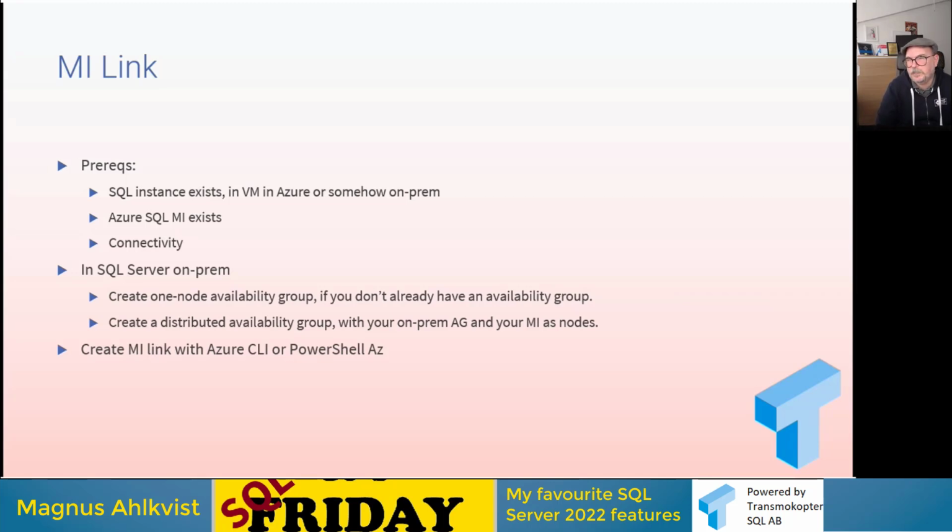I mean, for me at least, databases are the most important asset to keep safe. So if your data center blows up, chances are your backups are gone as well. If you then have all your data in Azure as well, in a managed instance, at least you have the data intact.